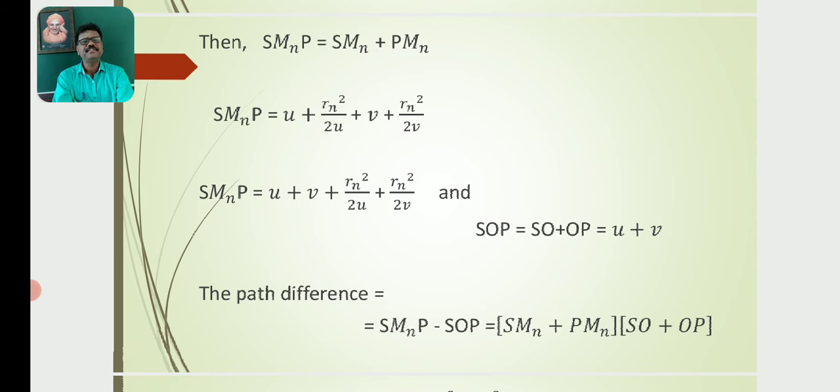Then the path difference is SMnP minus SOP, which is equal to SMn plus PMn minus SO plus OP.